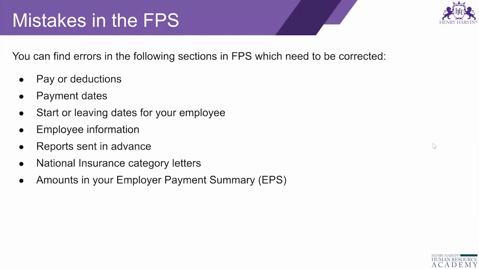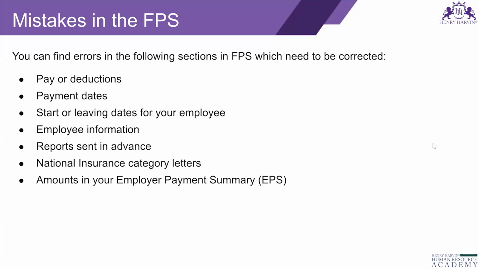Report sent in advance: if you send the FPS too early and you made mistakes, that is also a case where you have sent an incorrect report by mistake. National insurance category letters could be wrong. That is also possible. Amounts in your Employer Payment Summary.